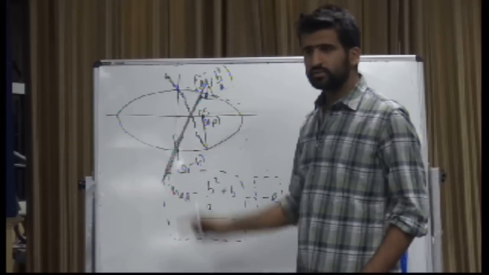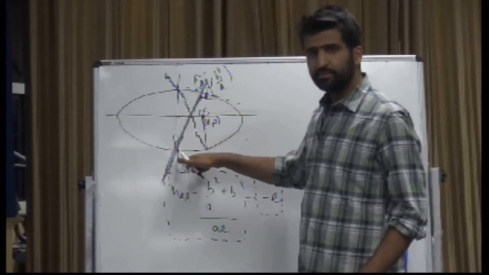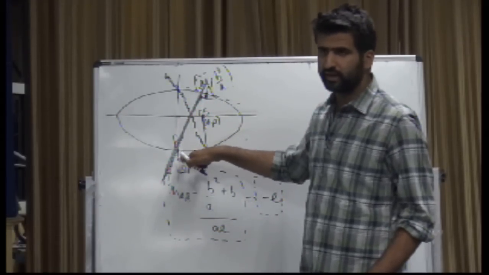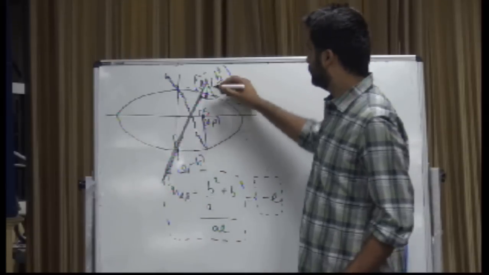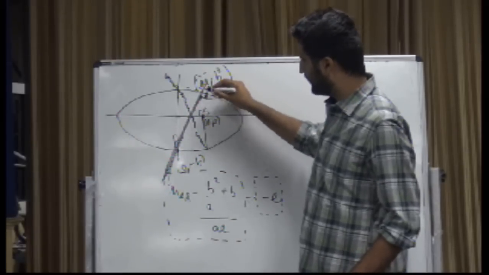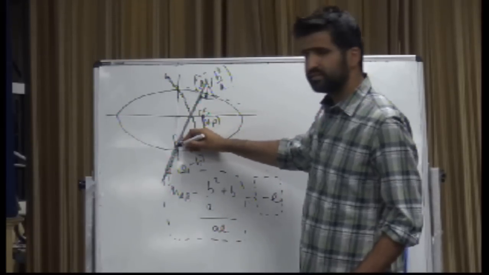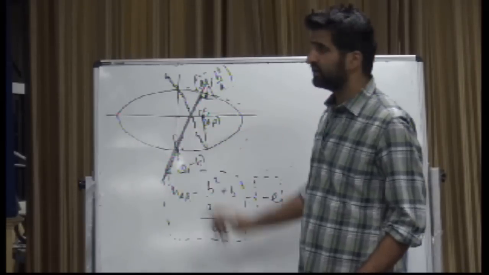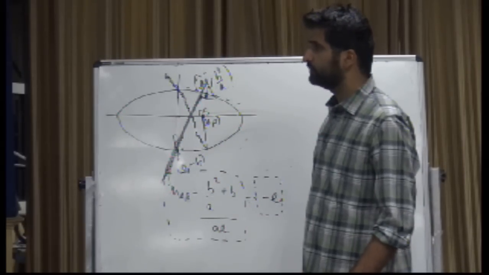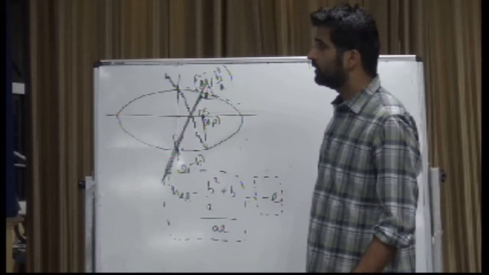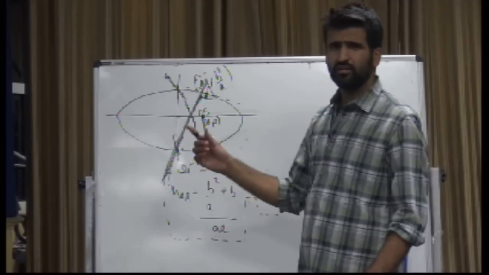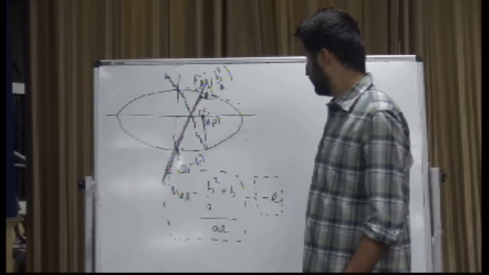But this also passes through this point, which is the extremity of the minor axis, right? So at the end point of the latus rectum, it meets the end point of the minor axis, right?